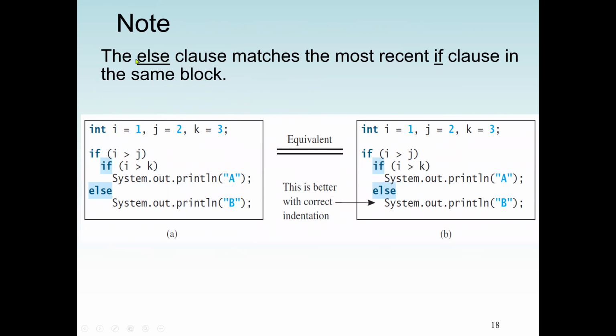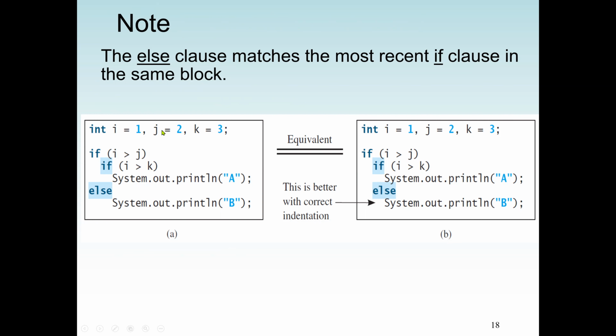So here there's a note. Here we say the else clause matches the most recent if clause in the same block. So these two are equivalent. We have i equal to 1, j is 2, k is 3. Now we say that if i is greater than j, and also if i is greater than k, then we want to print A. So here we have two if conditions. So we can check here: is i greater than j?